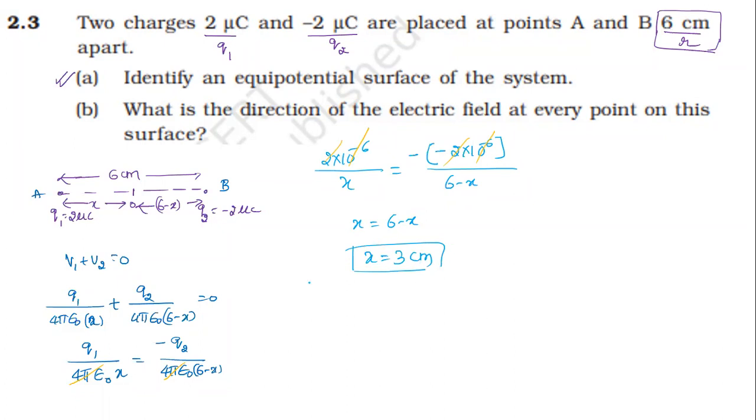So where is the equipotential surface? At 3 centimeters. If I draw a line, anywhere on this line is what we call the equipotential surface.